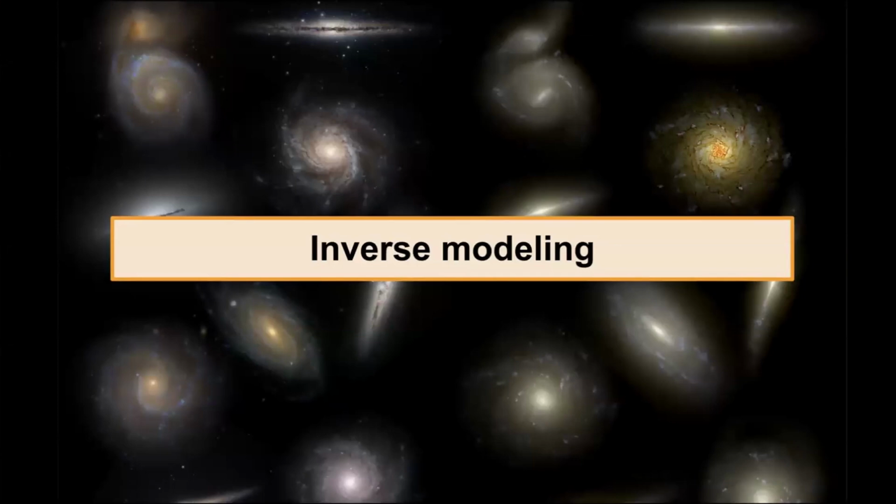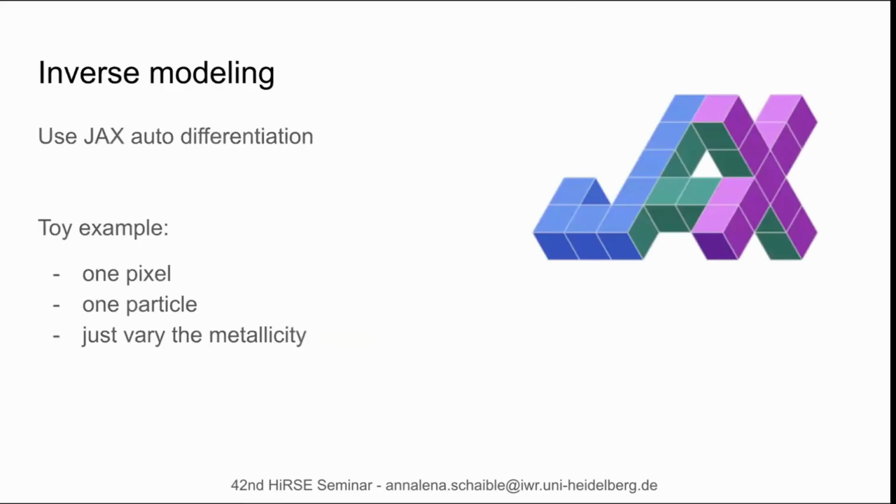To bring a toy example, I show it with just one pixel, so that we have one spectrum, just so that you can understand what the inverse modeling part is doing. We use JAX so that we can compute the gradient, which is the important thing.